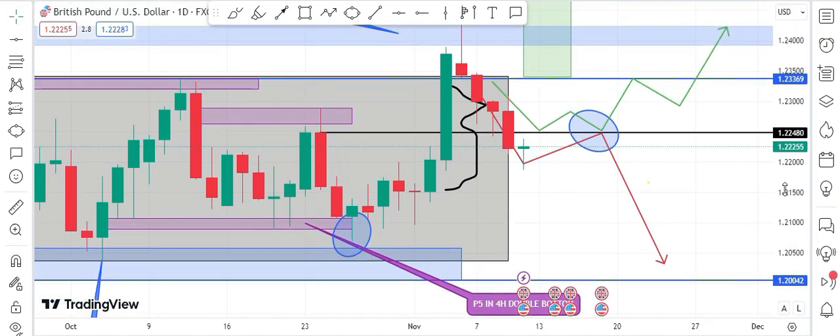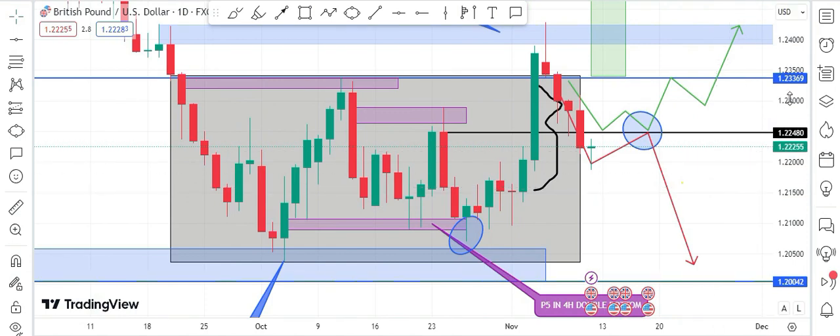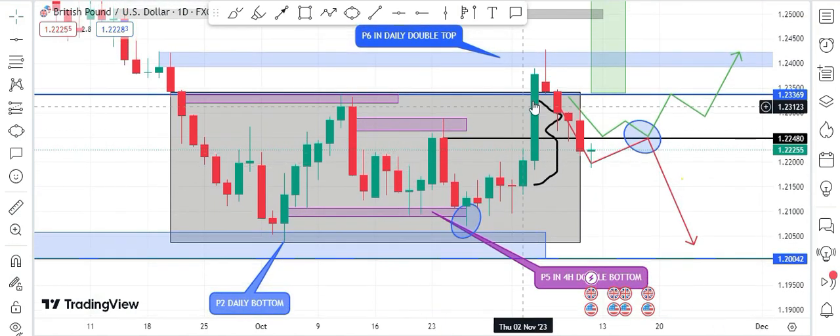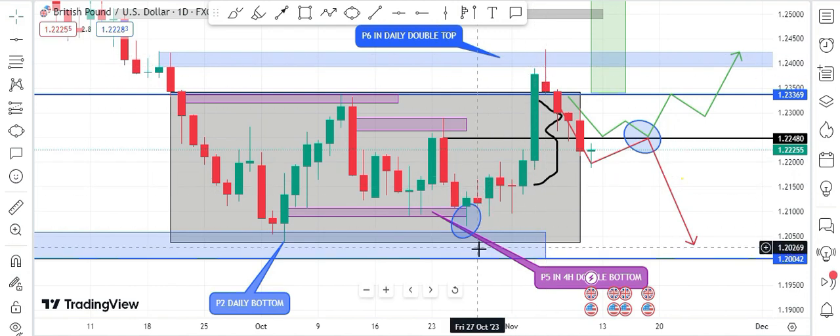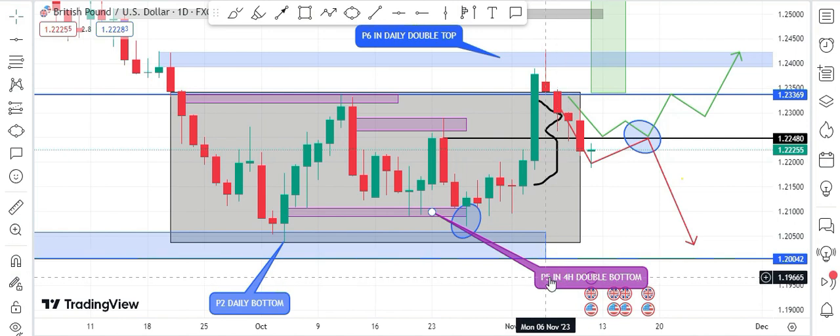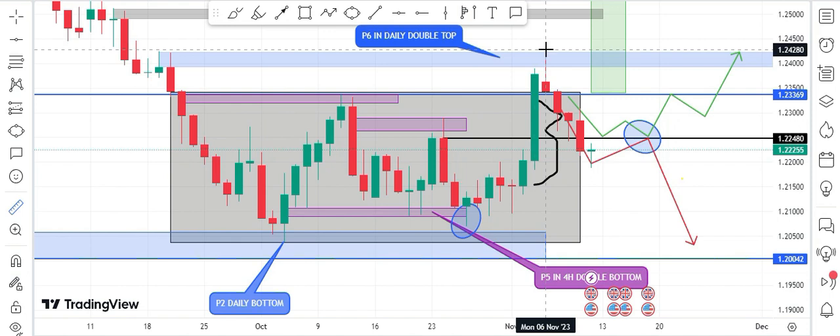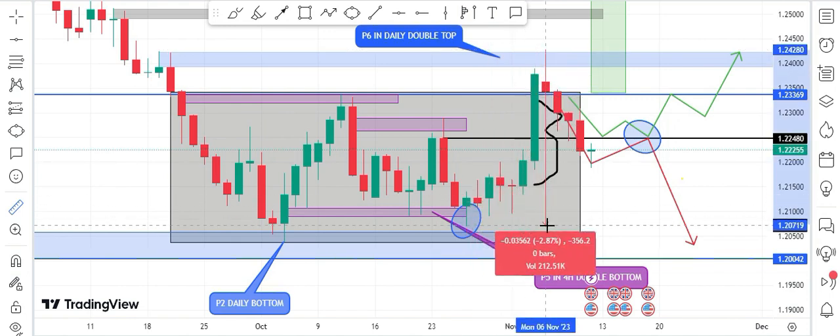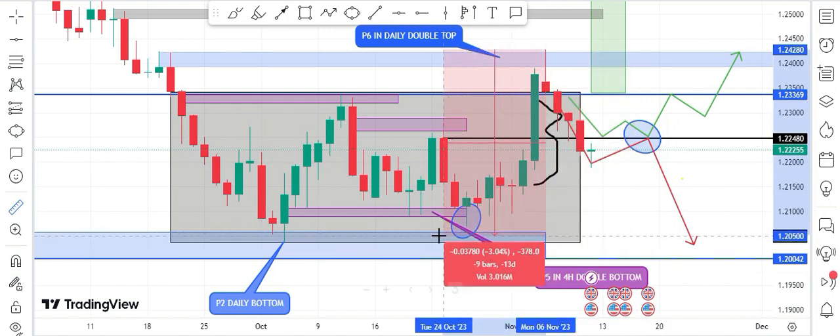The reason behind that: if we take this latest pattern P6 with our immediate previous pattern P5, we can see that this is 50%.